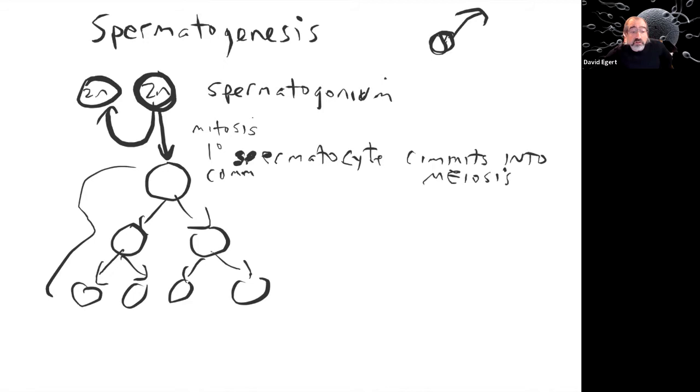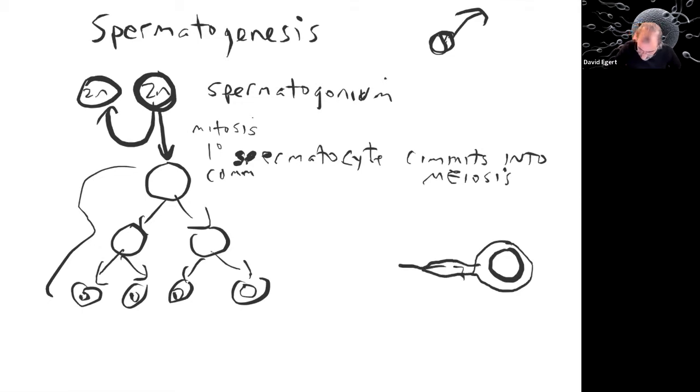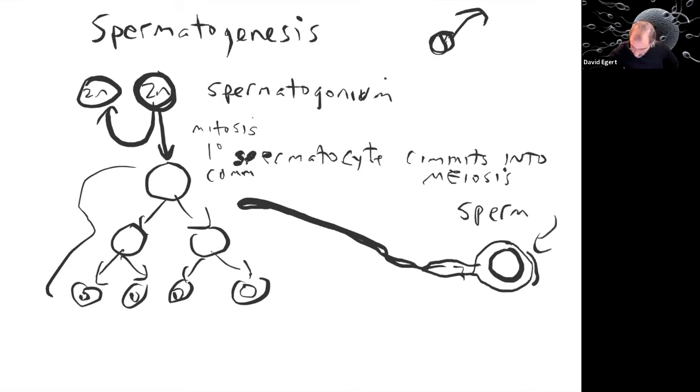And the final step, there is this crazy remodeling, right? Everybody knows the cartoon of what a sperm looks like. A sperm does not look like a normal cell. A sperm looks like that. So there's this final step where most of the cytoplasm is thrown away.